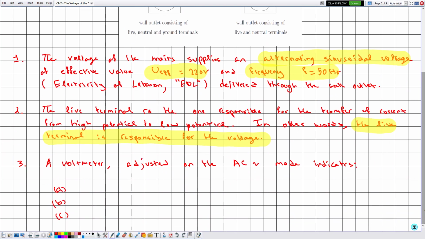So, 220 volts if connected between the live and the neutral terminals.